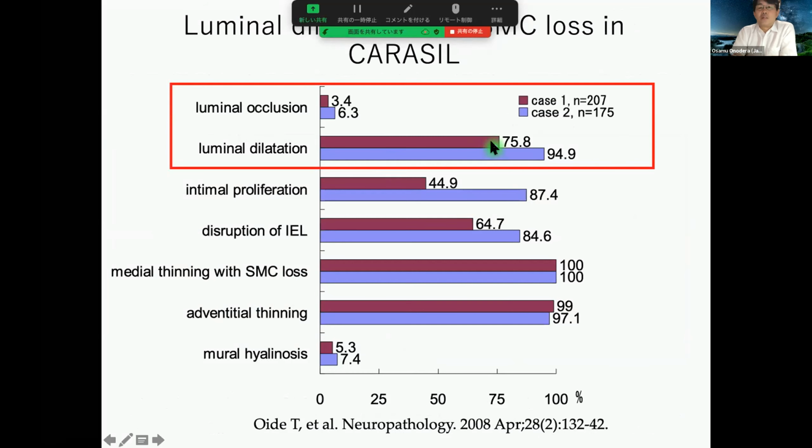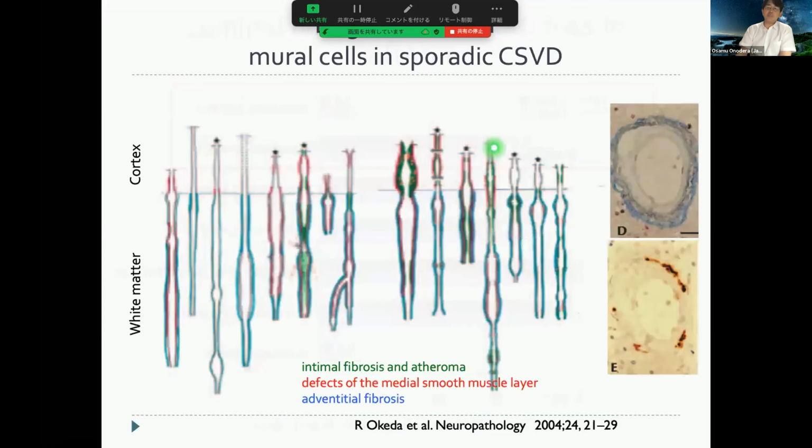Therefore, in the small vessels of CARASIL, the vessel is more dilated because the smooth muscle cells are degenerated. It causes dysfunction of the small vessels. This pathology closely resembles the pathology of the sporadic type of CSVD.